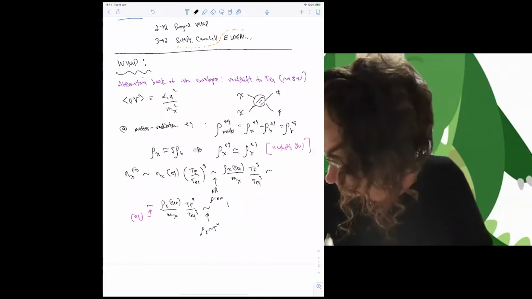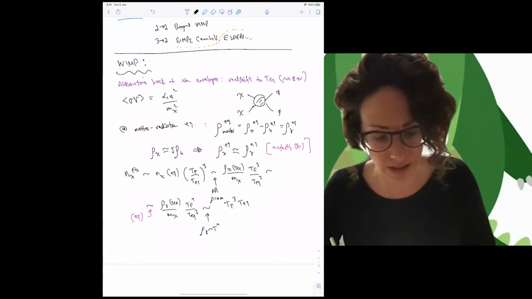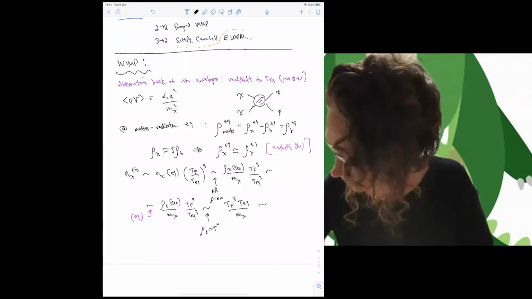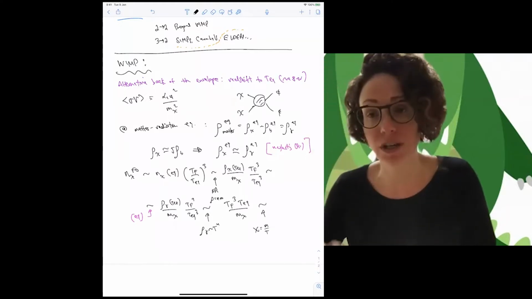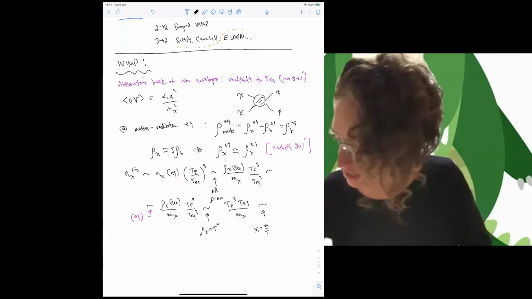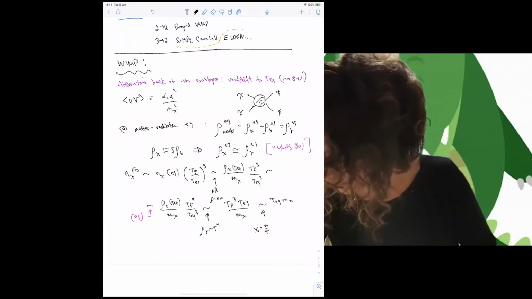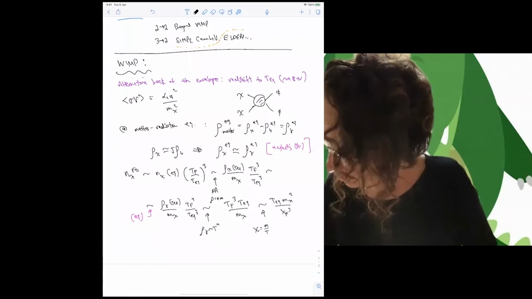So combined, I'm going to end up with T freeze out cubed, nothing changed, and one factor of T equality over m chi. And one last thing that we're going to do is, I remind you that we defined x to be m over T. And so I'm just going to move to this dimensionless quantity. And so what we've ended up with is T equality m dark matter squared over x freeze out cubed.